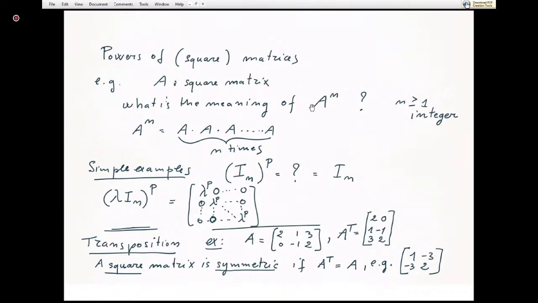Why is that? First of all, what is the meaning of having a square matrix A? What is A squared?